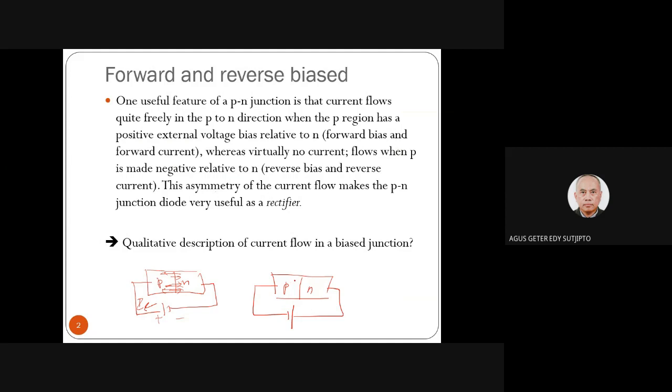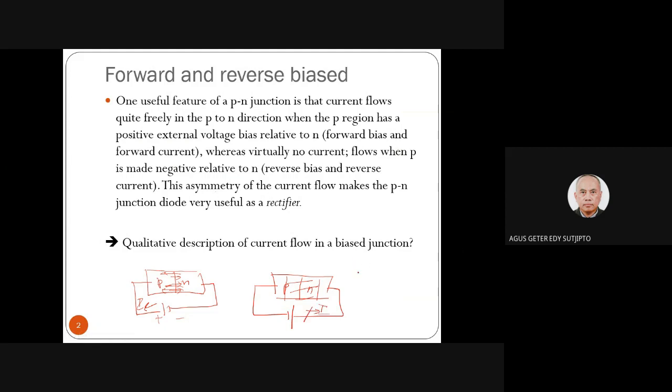So there will not be current flow in the circuit. The depletion region will be increased, and then the electric field will be increased here. So in this case, there is no current flow in the circuit.